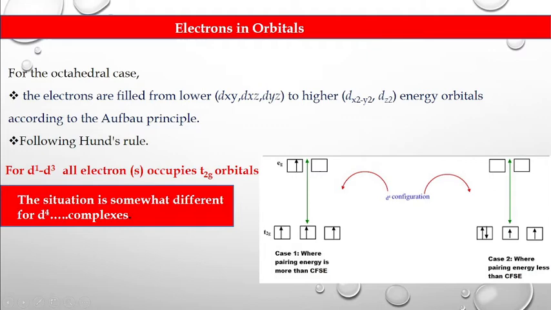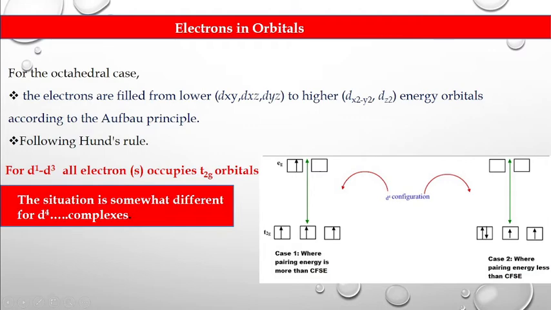So for d1 to d3 complexes, the electrons occupy only the T2g levels: t2g1 for d1, t2g2 for d2, t2g3 for d3 complexes. The situation is somewhat different when we have d4 configurations. There will be two possibilities, as shown in the figure.